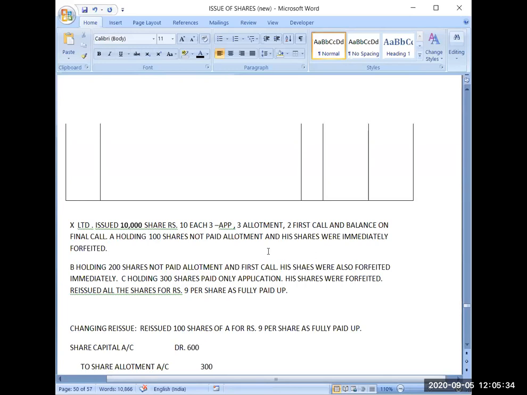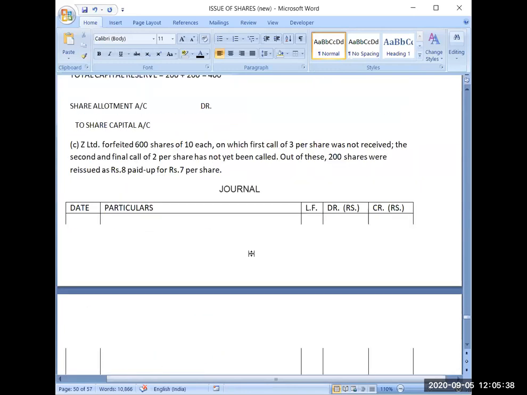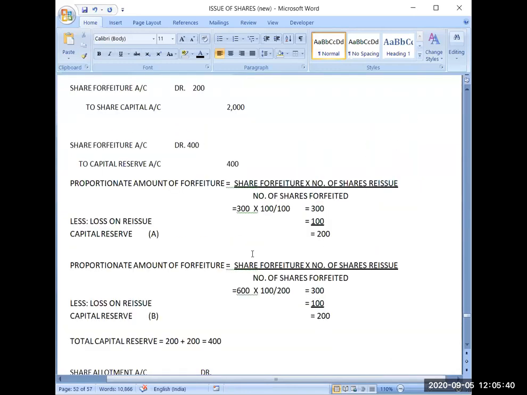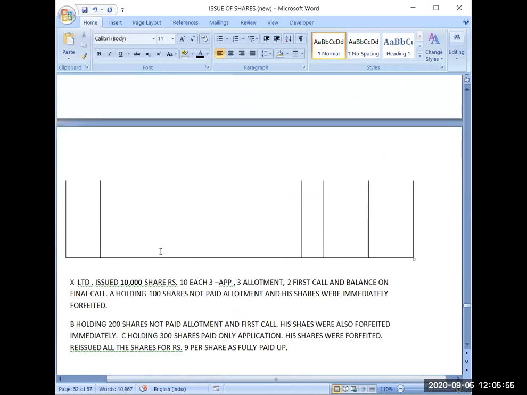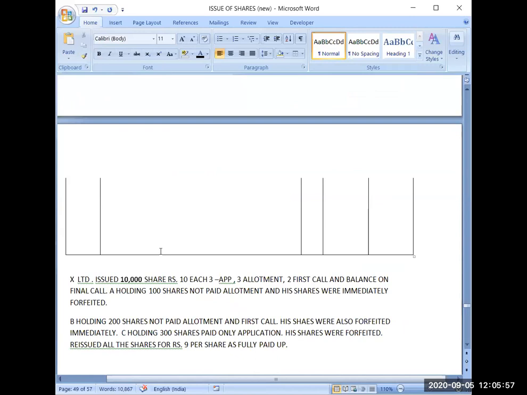But my question was something different. I want to ask about first call due. Instead of share allotment, I should ask share first call. On how many shares will you make the first call due?